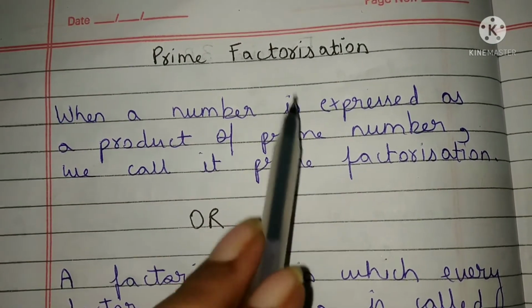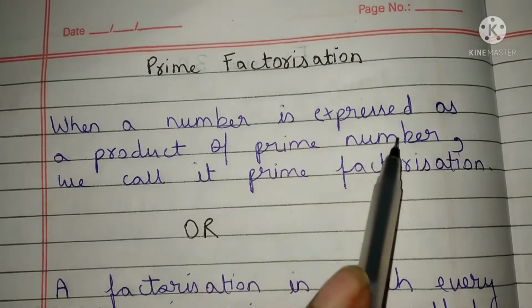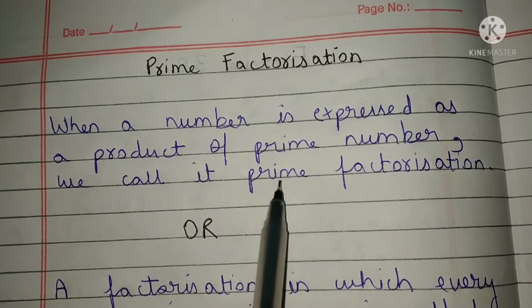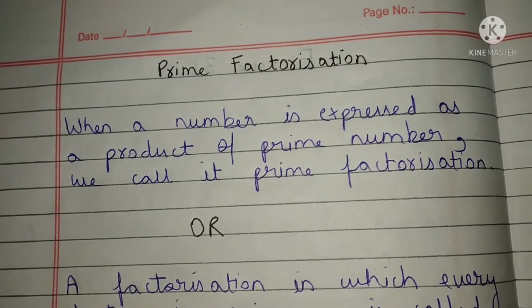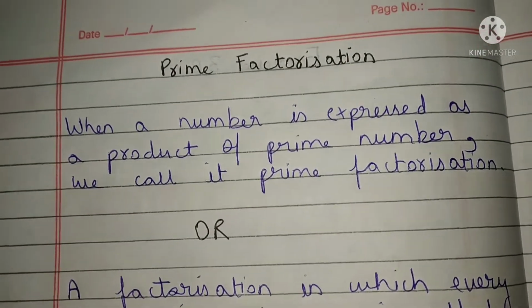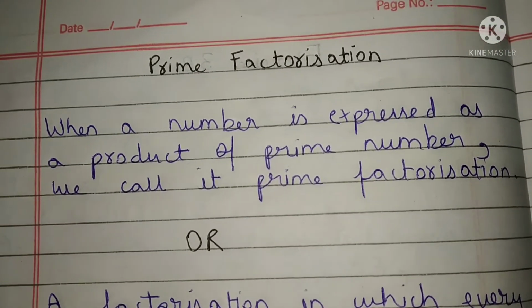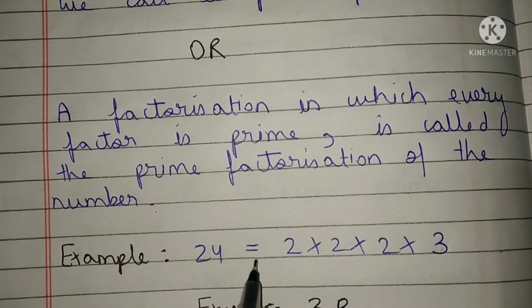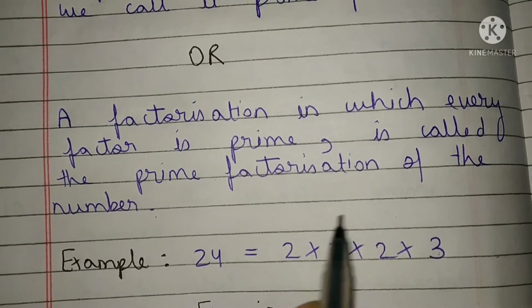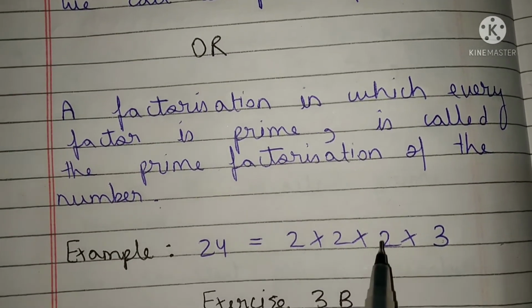When a number is expressed as a product of prime numbers, we call it prime factorization. For example, 24 is expressed as 2 into 2 into 2 into 3. So this is called the prime factorization.